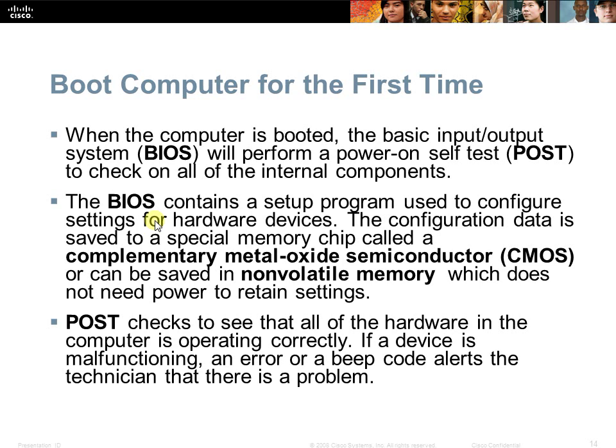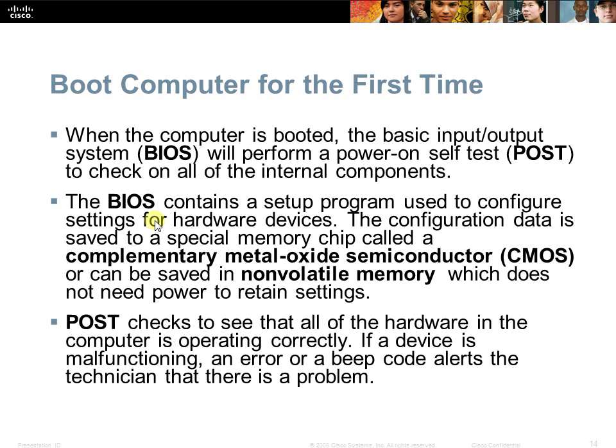And usually it's a special memory chip, our CMOS, or complementary metal oxide semiconductor. And it can be saved in non-volatile memory, which does not need power to retain its settings. So when you turn the computer off, those settings are going to be retained.